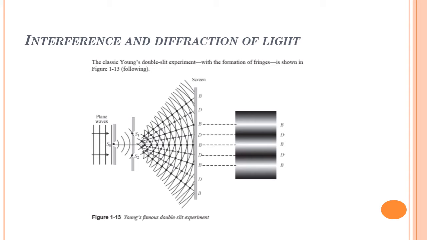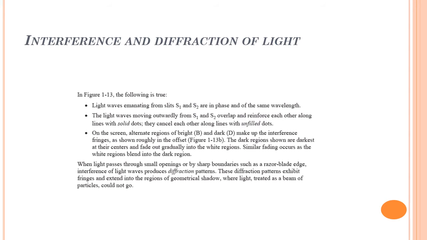So this is a drawing showing that double slit experiment, and what you see here is the fringes where you have the bright spots, dark spots, and everything in between. Basically the light waves emanating from slits S1 and S2 are in phase and of the same wavelength.